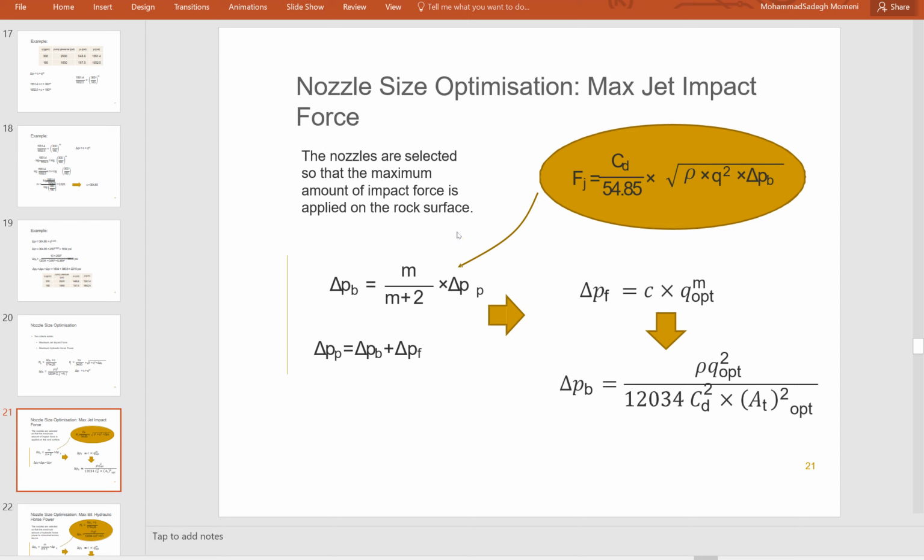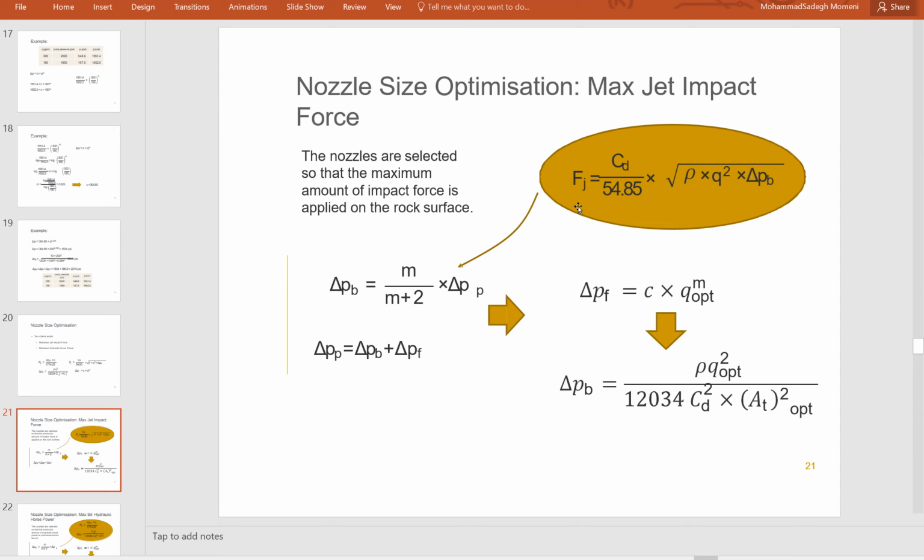So the first method is the maximum jet impact force. To have the maximum jet impact force, this Fj should be maximum. And how it can be maximum is that dFj divided by dq, the first derivative, equals 0.